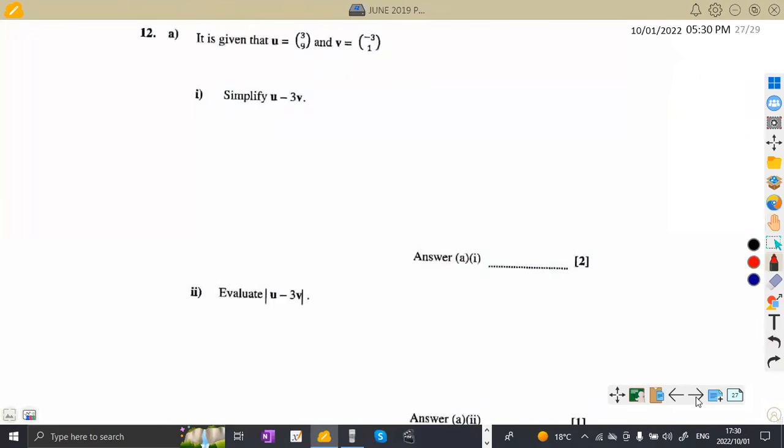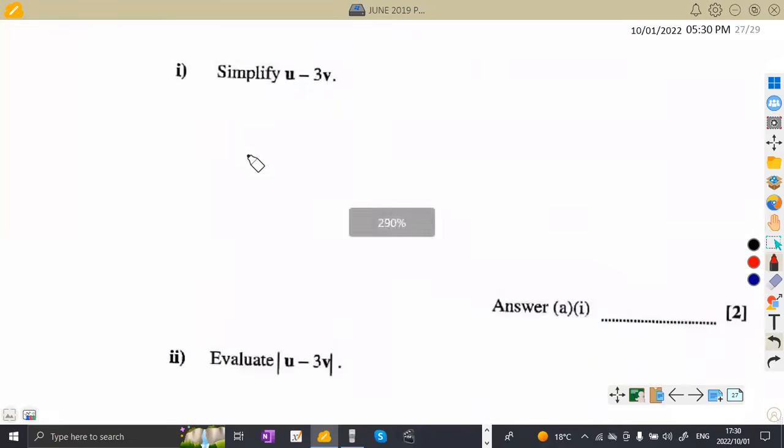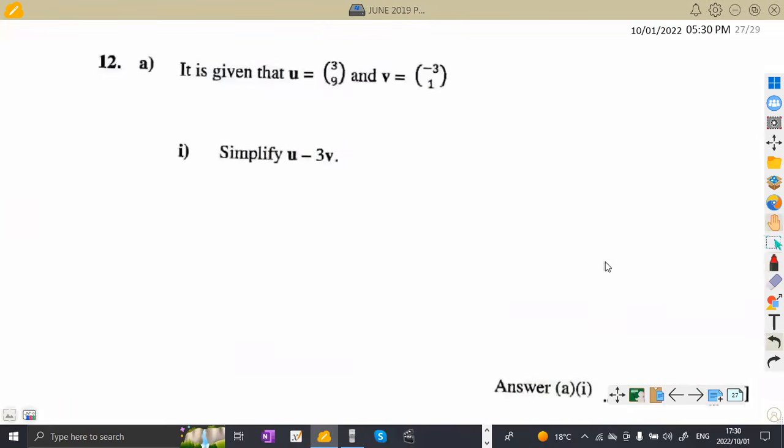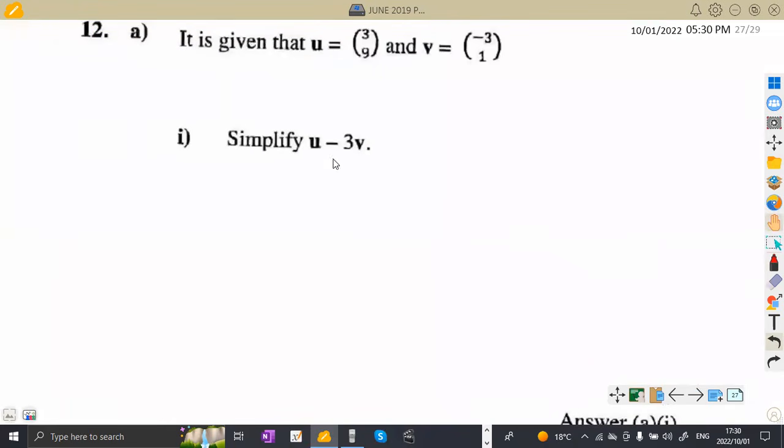Okay, so the other part, not wasting much time, we're given vector u and vector v. Simplify u minus 3v. This one is just a matter of substitution into the vectors that you are given. That is vector u, that is (3, 9), minus 3 times vector v, which is (minus 3, minus 1).